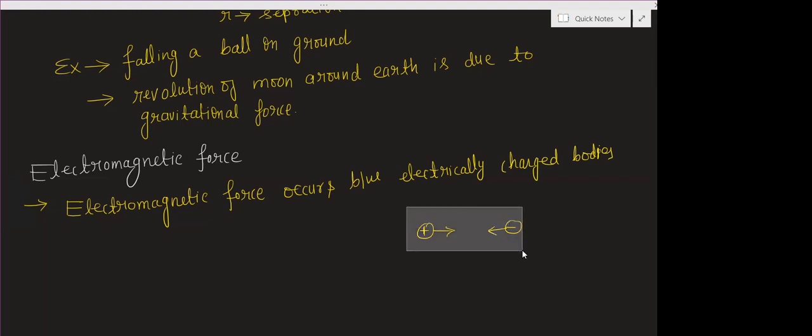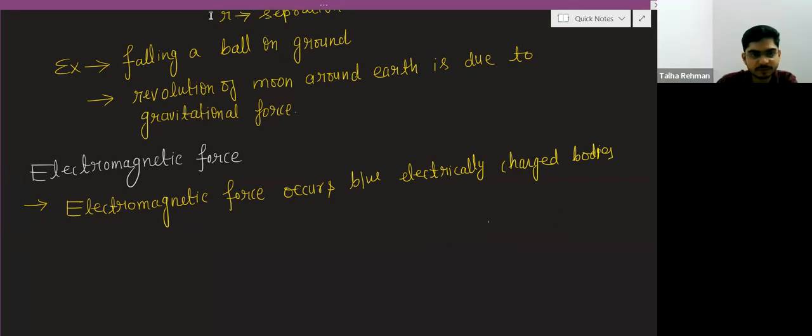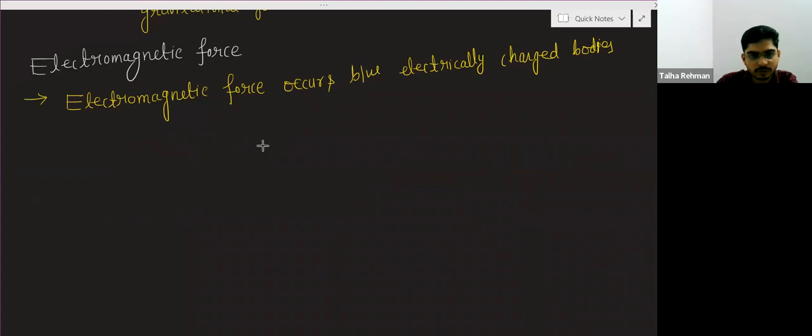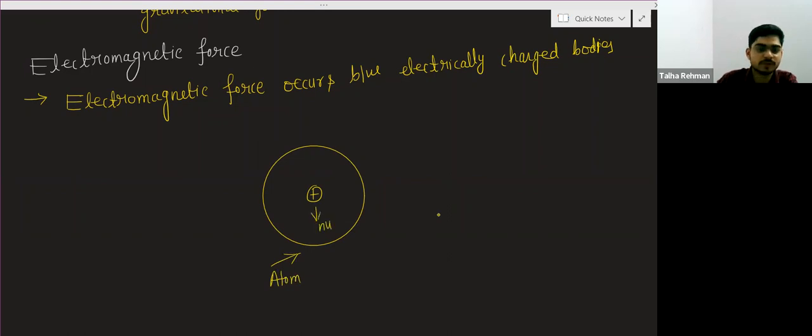Okay. So there is one example here. Suppose this is your atom, and inside the atom there is a nucleus. Around the nucleus, electrons revolve. Electrons have negative charge, the nucleus has positive charge.